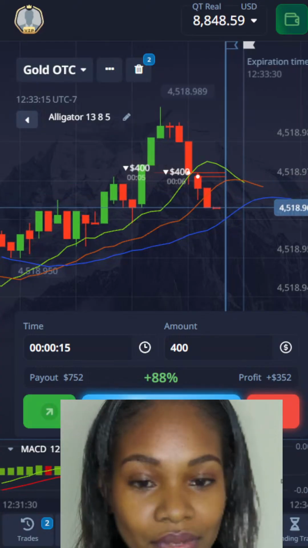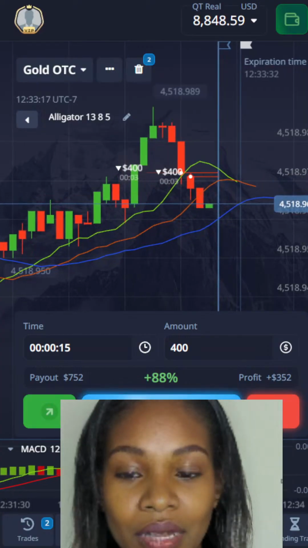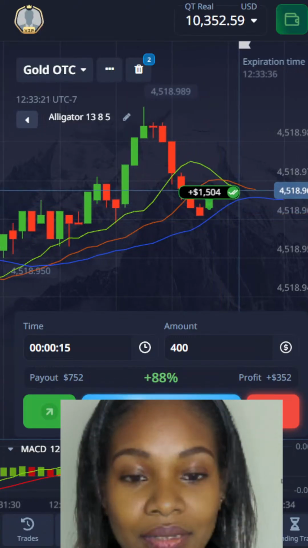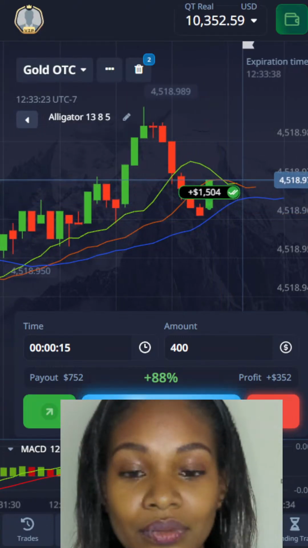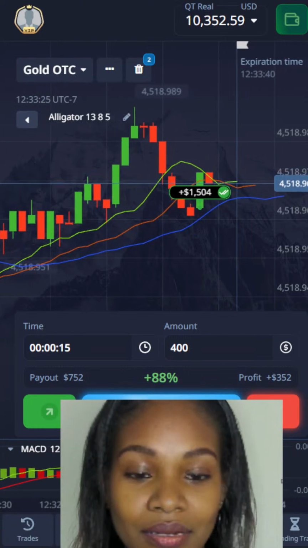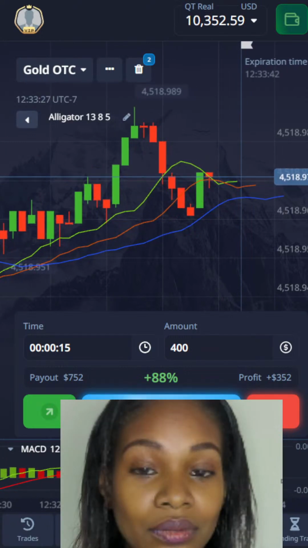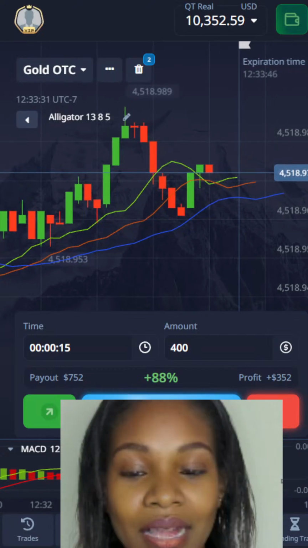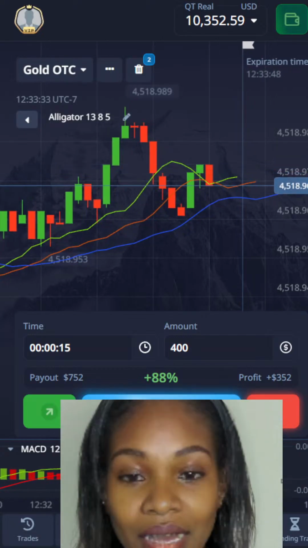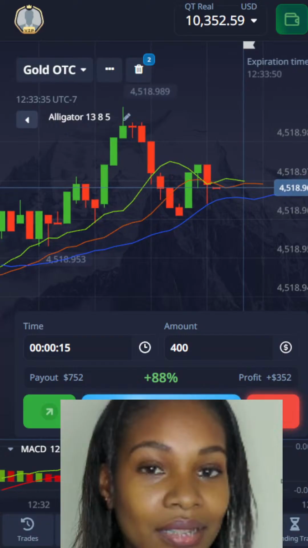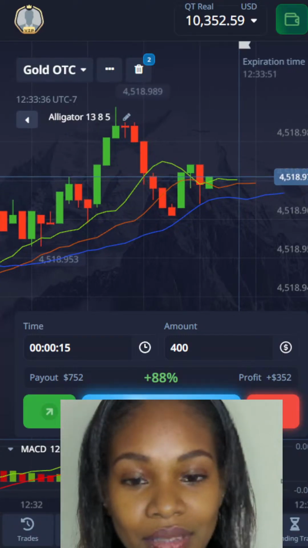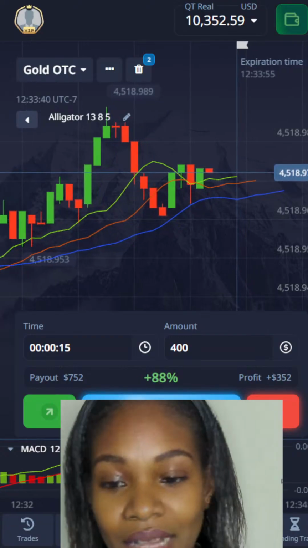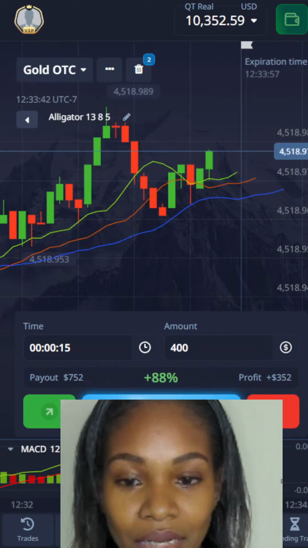When we are dealing with the market structure, in an uptrend we look at the higher highs and the higher lows, specifically the major higher highs and the major higher lows.